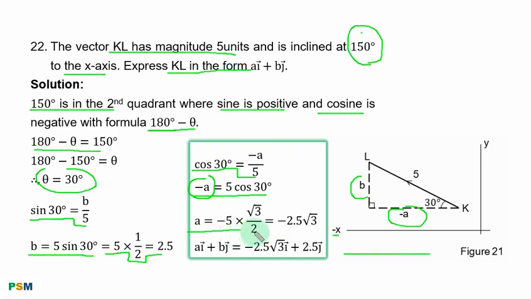When you simplify, you have it in this form. In the required form, you simply replace a by this value times vector i, plus you replace b with 2.5 times vector j.